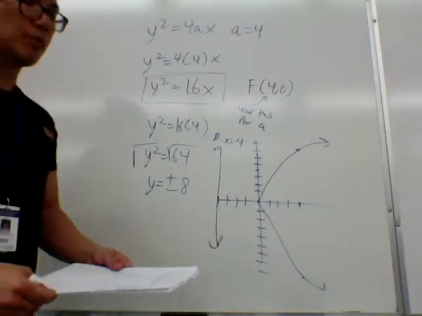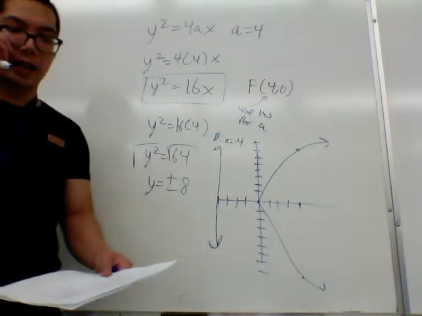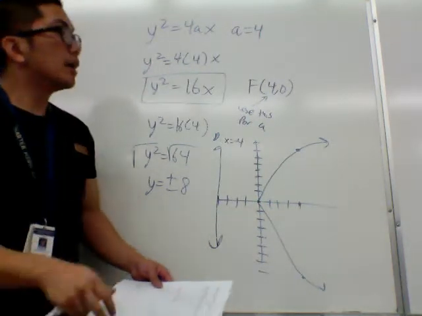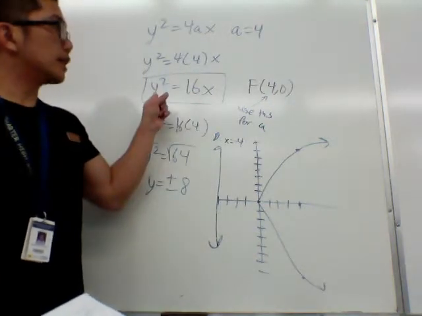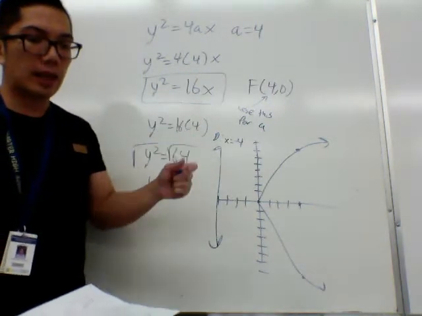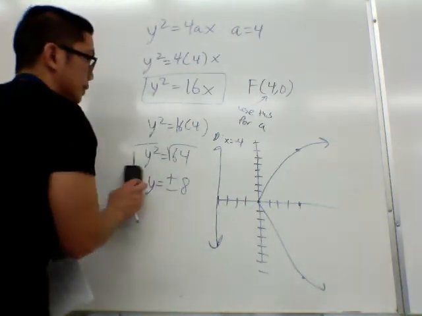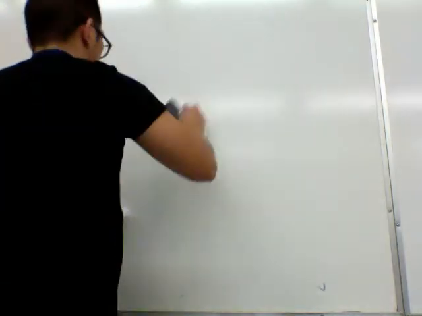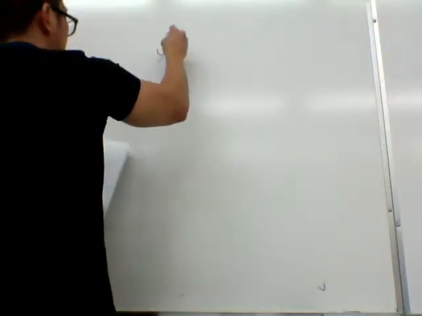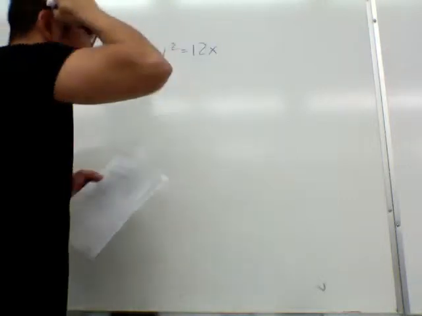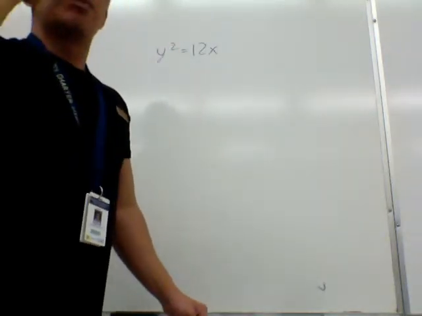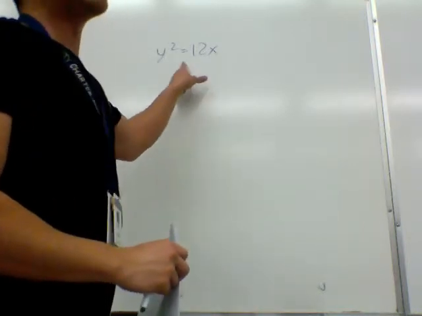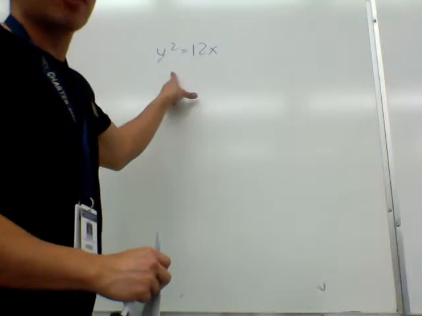Now, if you look at example 2 we actually did in class, where we graphed it on a graphing calculator. One thing that you have to know is that since it's an equation of y squared equals 12x, you want to graph it on a graphing calculator. Because the graphing calculator has it y equals, whenever you have an equation like this, you have to solve for y.